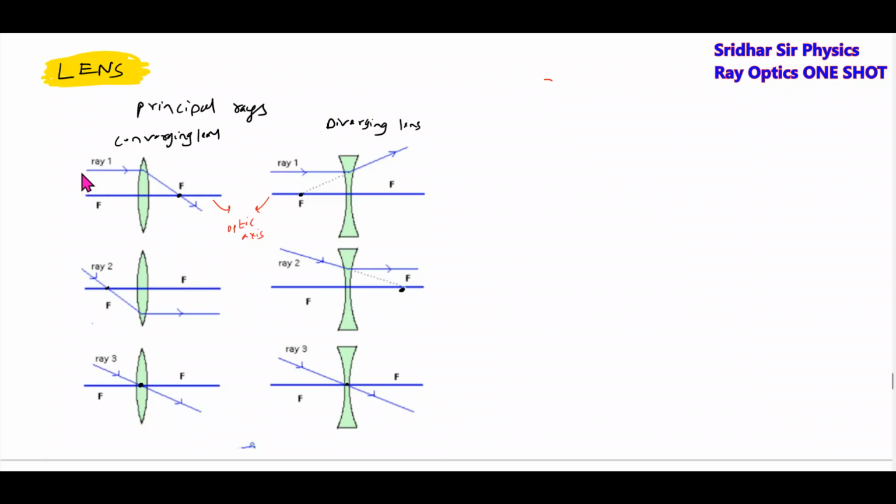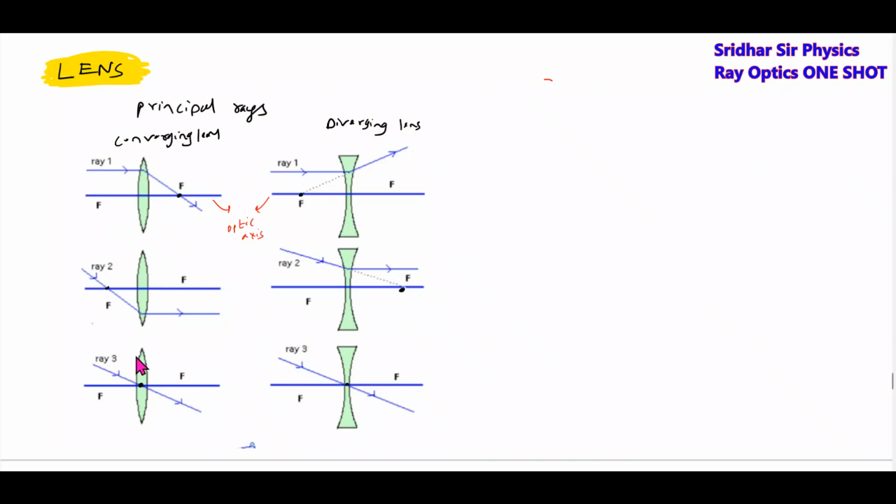Okay, fine. If a ray is incident parallel to the optic axis, after refraction it will pass through the focus. Similarly, if a ray is passing through the focus, after refraction it will become parallel to the optic axis. If the ray is incident at the optic center, it will go undeviated.